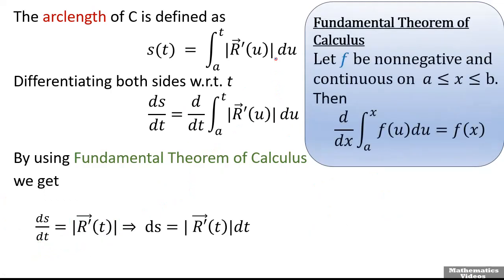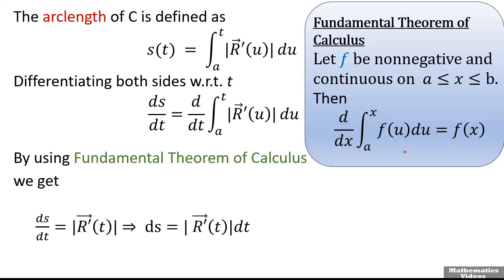According to the fundamental theorem of calculus, let f be a non-negative and continuous function on the closed interval from a to b, that is, a is less than or equal to x less than or equal to b. Then the derivative d by dx applied on the definite integral from a to x of f of u with respect to u, this is just equal to f of x. What is happening here?